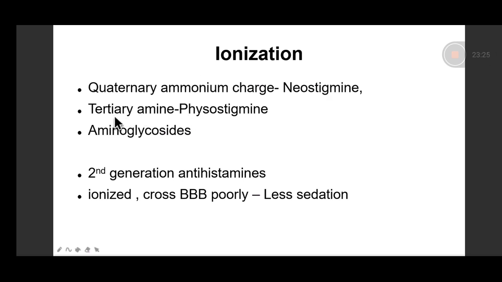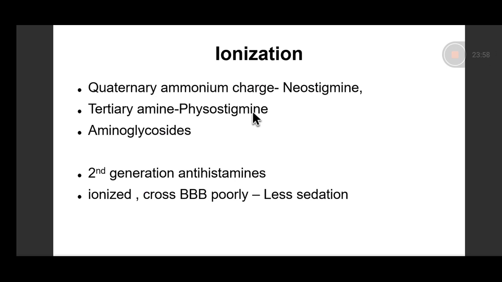It is an anti-choline esterase. On the other hand, we have another tertiary amine, physostigmine. Physostigmine is also a cholinergic drug, an anti-choline esterase, but it has a tertiary amine structure. Now, this structure, the drug is lipid soluble and can move across membranes. So these drugs have cholinergic activity, and one of the uses is in overdose or poisoning by anticholinergic drugs like atropine.